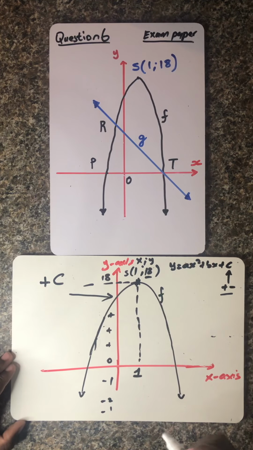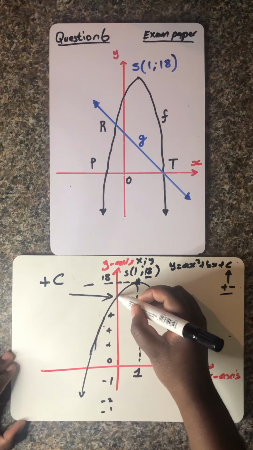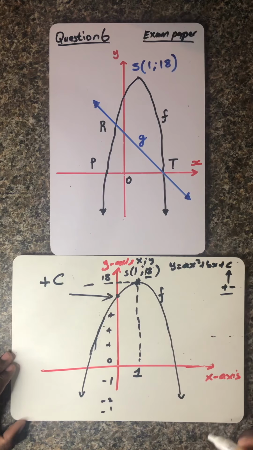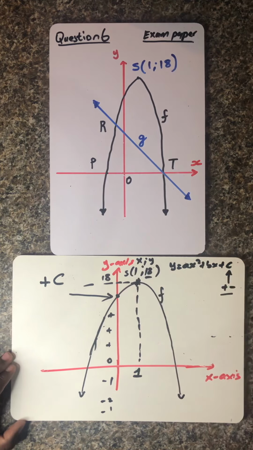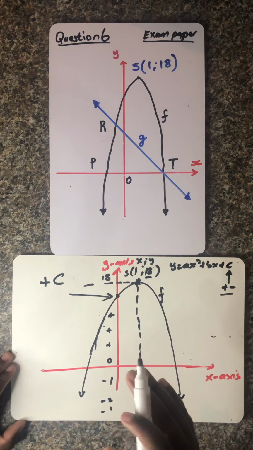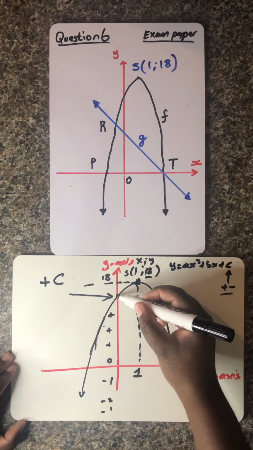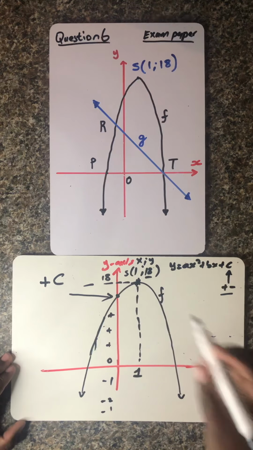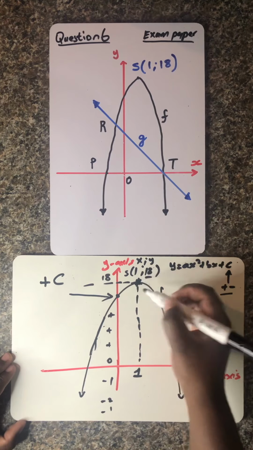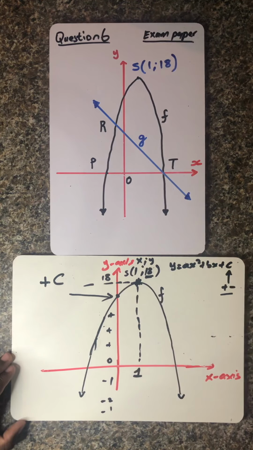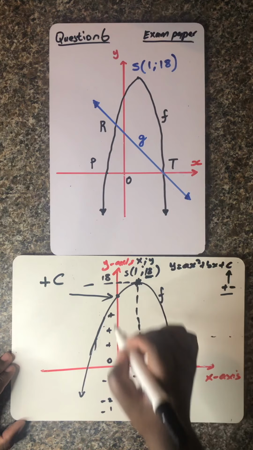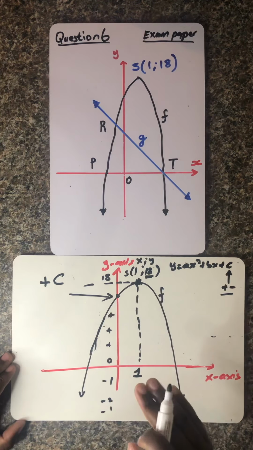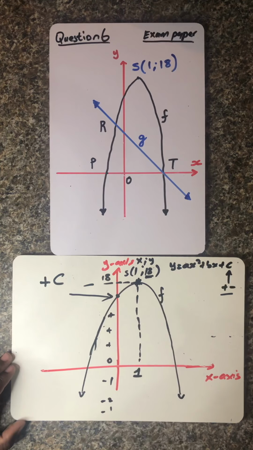So this point over there is a number which must be below 18. I'm not sure if you understand, ladies and gentlemen. It must be below 18 because the maximum point is 18. We are not sure whether it's 17, 16, 14, or whatever, but what we know is that it's a positive number.